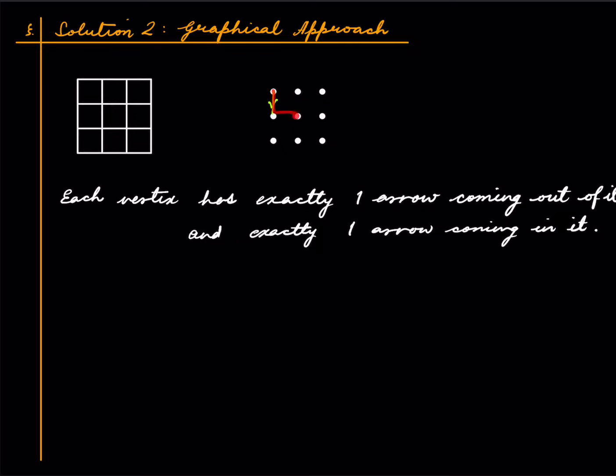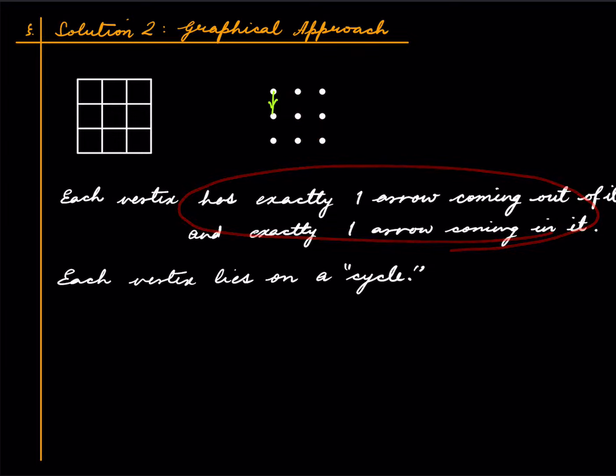Okay, so this kind of thing is like a cycle. So basically we observe that each vertex lies on a cycle. If you know what I mean by cycle, it should be clear. Further, two cycles cannot share a vertex. So if I have, let's say, this cycle and I have this cycle, well, this cannot happen, because then this vertex has two incoming edges and two outgoing edges, and that invalidates these two constraints.